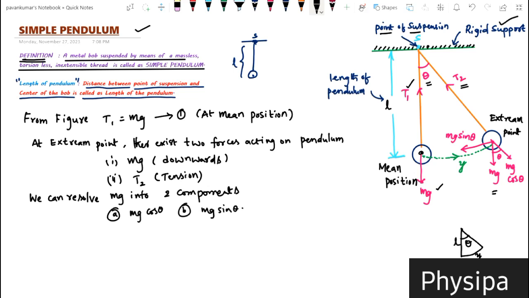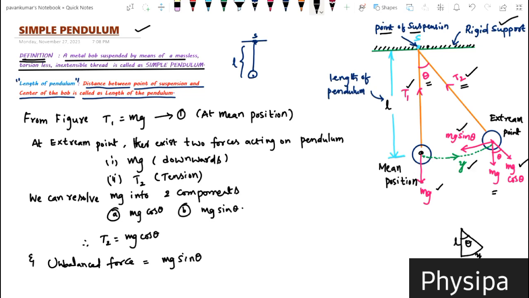After resolving mg into two components, T2 is balanced by mg cos theta, so we can write the balancing equation: T2 is equal to mg cos theta. Next, the other component mg sin theta is unbalanced, so the unbalanced force is equal to mg sin theta. Now observe the figure carefully.